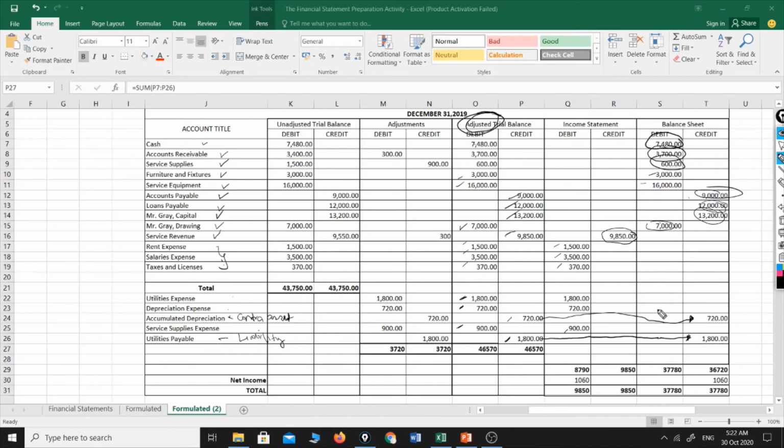But if it belongs to the revenues and expense accounts, then we should put it in the income statement columns. Okay? So again, the amount that we will be using is the amount coming from the adjusted trial balance. And we just copy the amount and extend it to the section to which it belongs. Okay? So that's it.